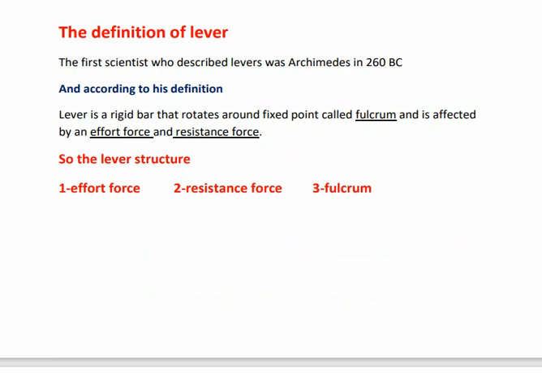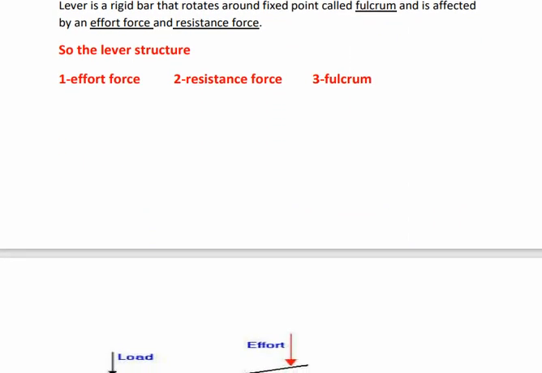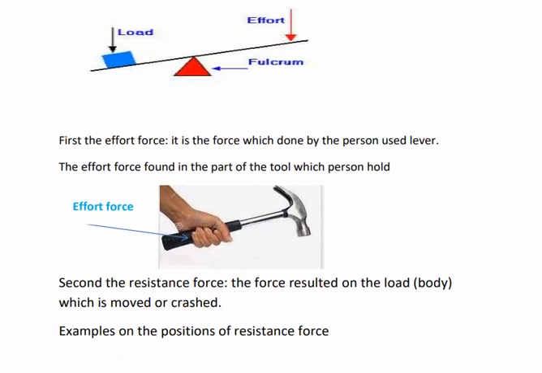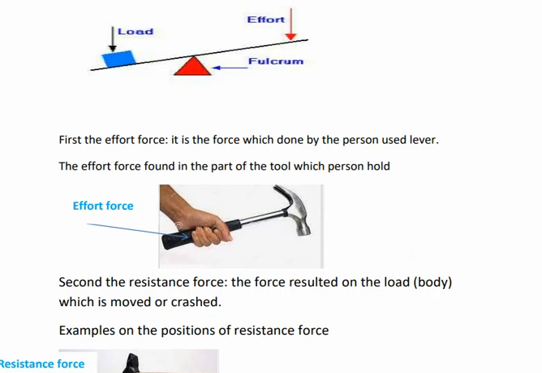So the structure of levers: effort force, resistance force, fulcrum. First, the effort force. It is the force done by the person using the lever. The effort force is found in the part of the tool which a person holds.